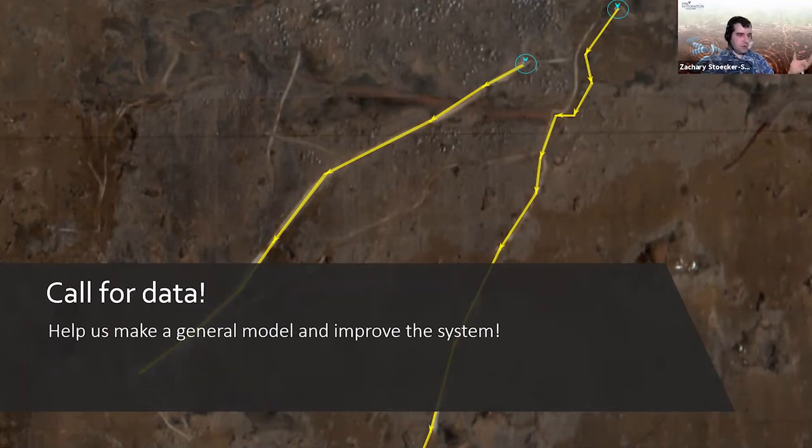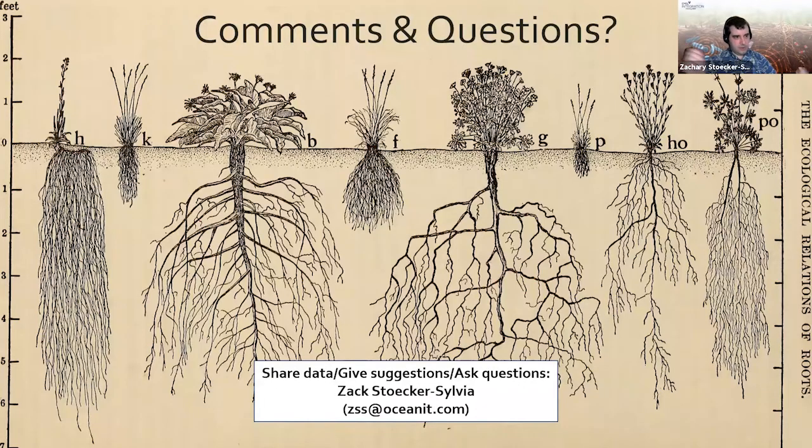And we ideally want to make something that's a general model so that not everyone has to go through a labeling process to be able to use these devices and get results to use in science or to monitor plant health or whatever they want to use it for. So if you have anything, please contact us. We'd love to see it. And with that, it's the end of my talk. And I'd just love to entertain any comments or questions.